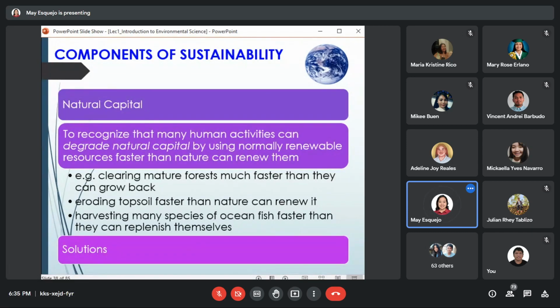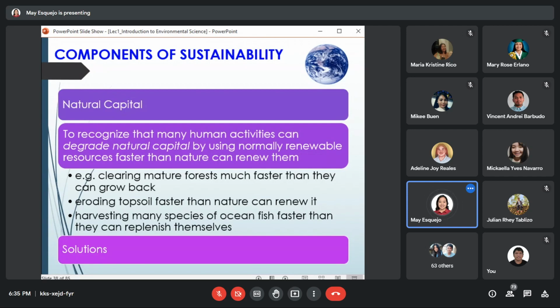Okay, so another example is eroding topsoil faster than the nature can renew it. Okay, so because of that flooding, okay, ano rin yung cause ng flooding, so lahat yan merong ripple effect. So mas mahirap.